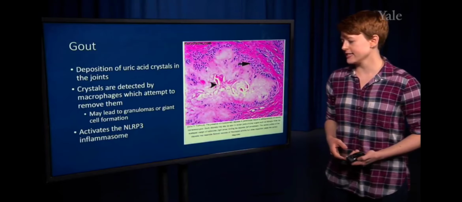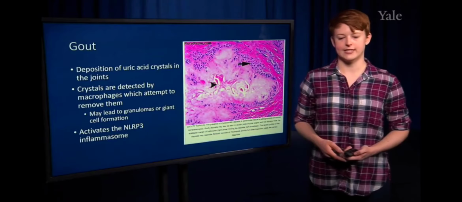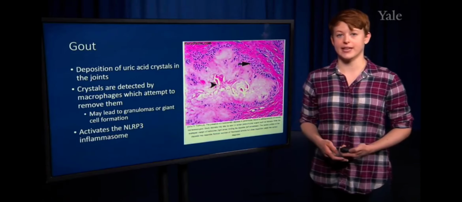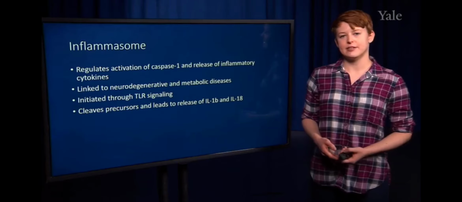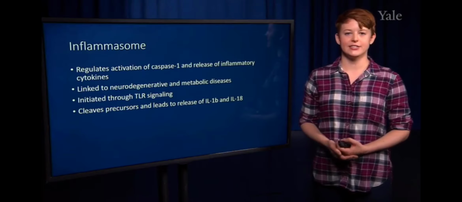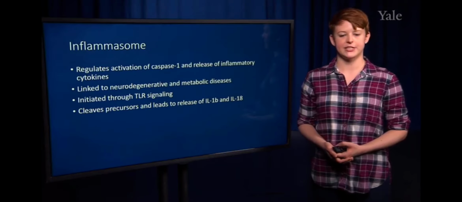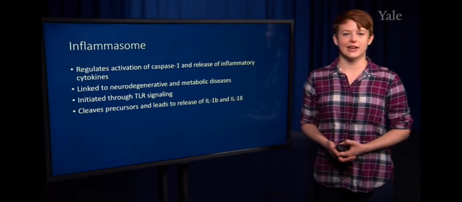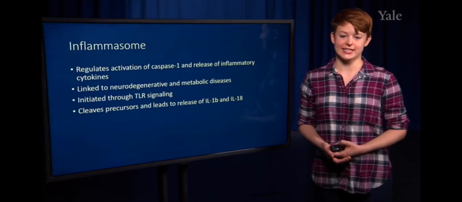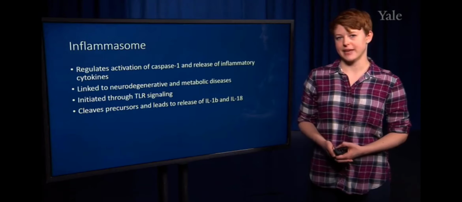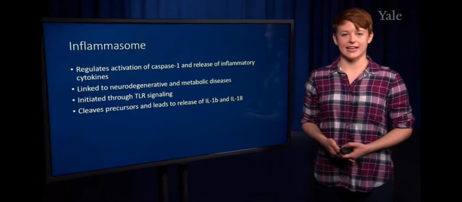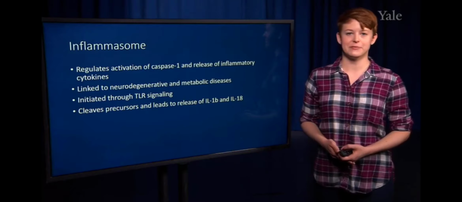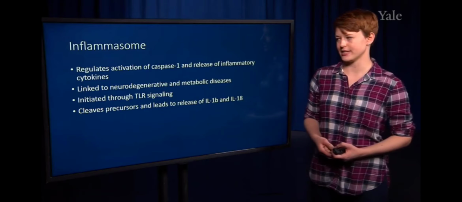And this can also lead to what is called the NLRP3 inflammasome. So the inflammasome is a very important intracellular aspect of inflammation, and it helps regulate the release of inflammatory cytokines, particularly IL-1 beta. It also regulates the activation of caspase-1, which can cleave different proteins, releasing those inflammatory cytokines.